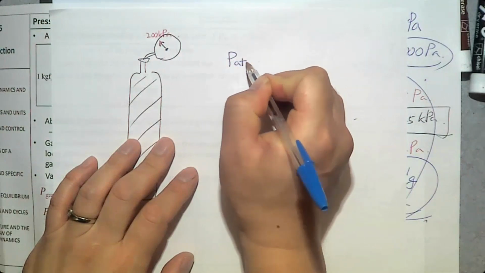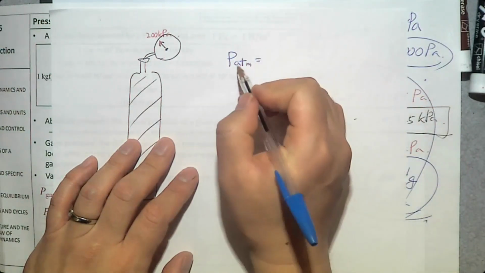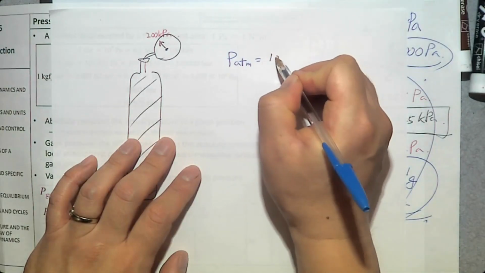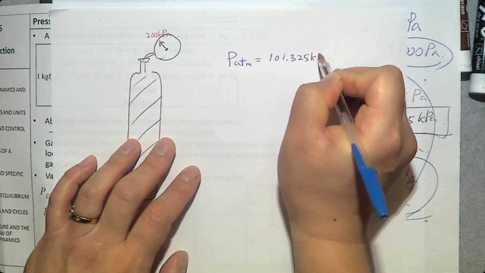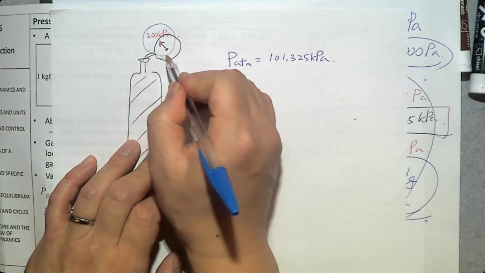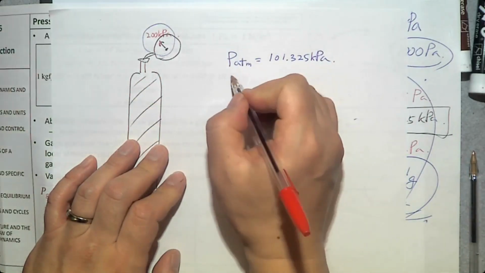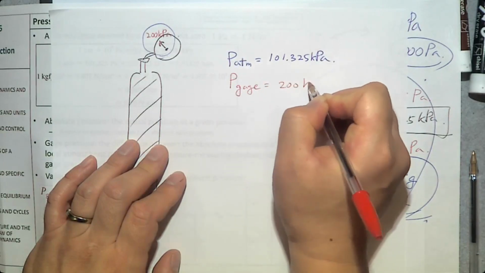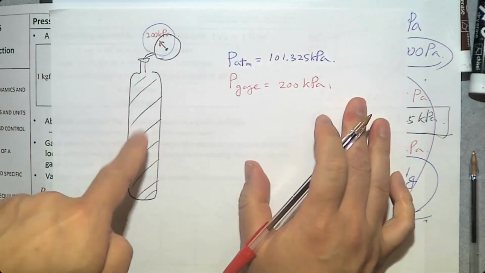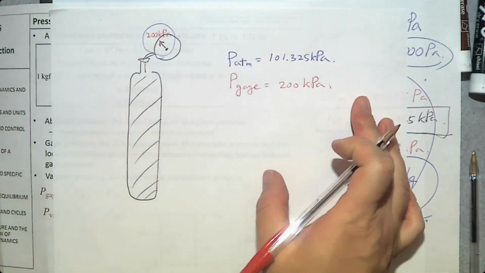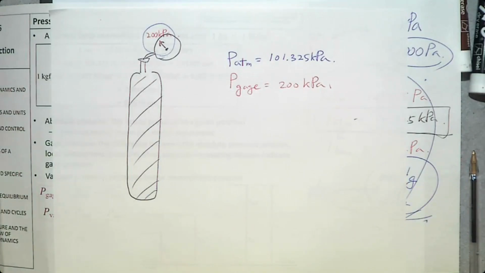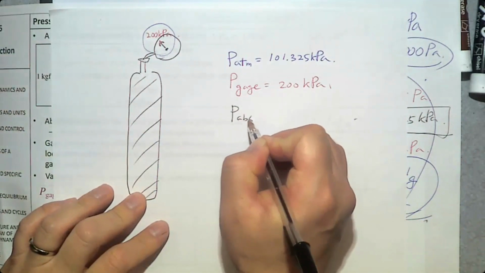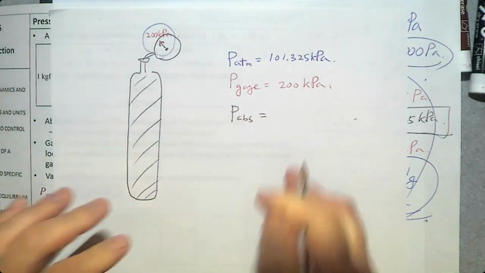So what is the atmospheric pressure? P_atm, not the automatic teller machine. Atmospheric pressure is 101.325 kilopascal, and whatever you read from this gauge is gauge pressure, P_gauge, and that is 200 kilopascal. Then what is the actual pressure inside the chamber? As I told you, this gauge can only measure the difference between inside and outside. The absolute pressure is going to be P_abs, not anti-braking system, right?